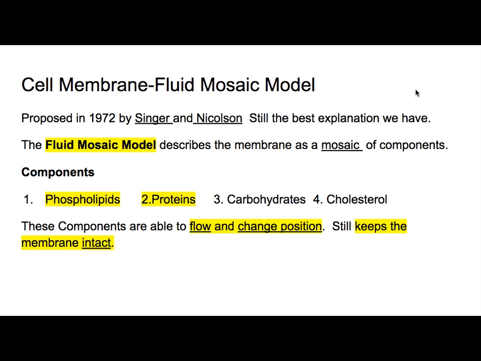So, 1972, two scientists, two biologists by the name of Singer and Nicholson went ahead and proposed the fluid mosaic model. And I told little kids that's the year I was born. So it's 47 years ago. I'll do the math for you. Almost 48.